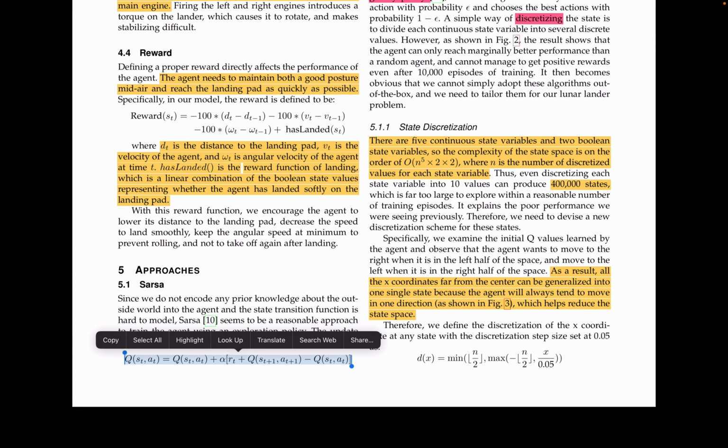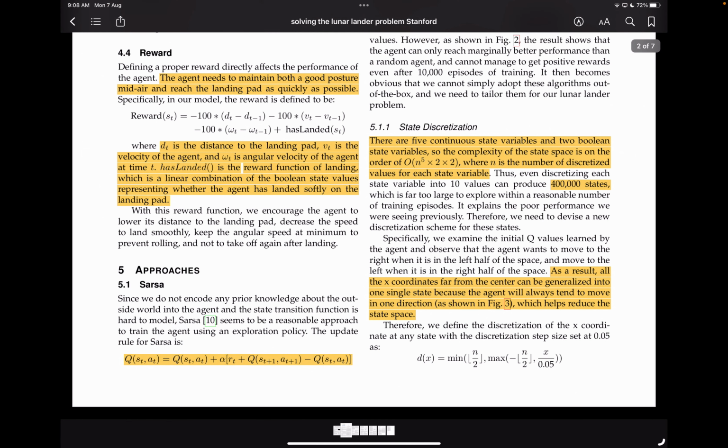You might not understand it right now, but after this you will be able to understand a bit of it. Q of st comma at is a way to write the Q value given the state and the action taken. Here alpha is the learning rate, rt is the reward, Q of st plus 1 is the Q value for the next state given the next action, and st is the current state and at the current action, right?